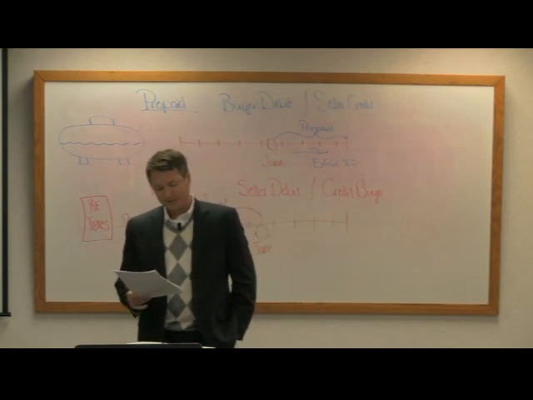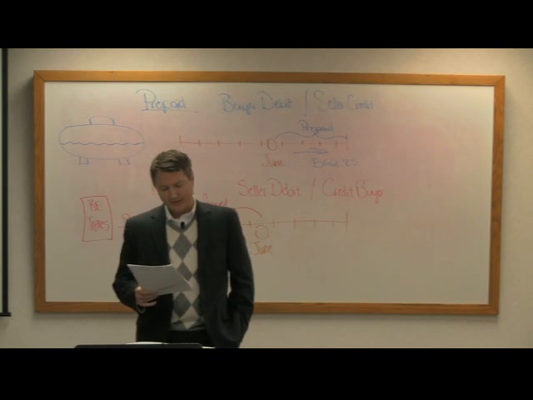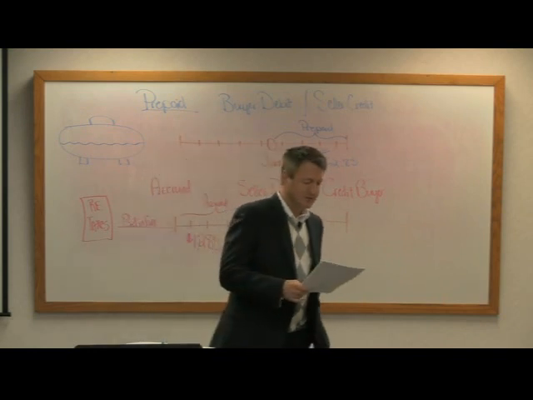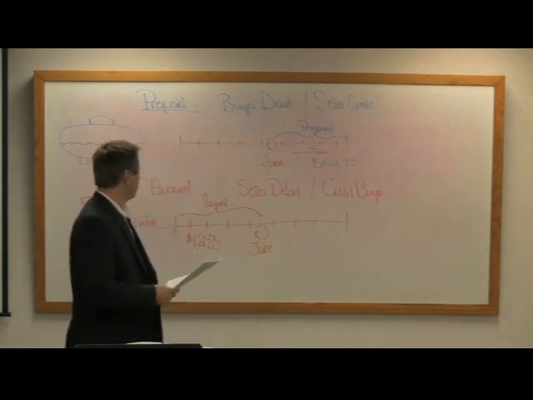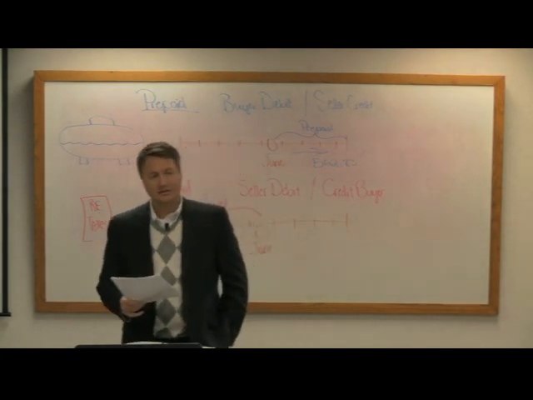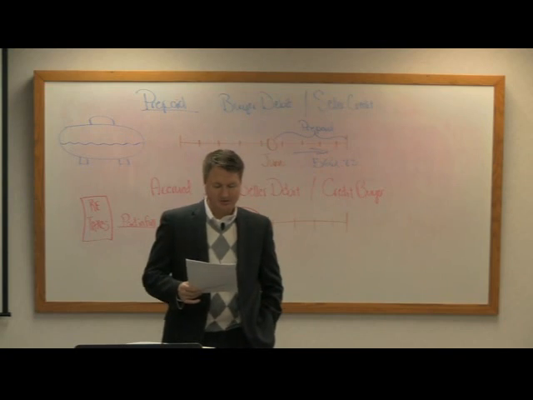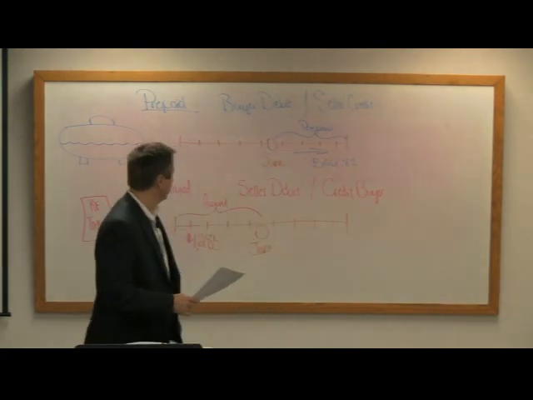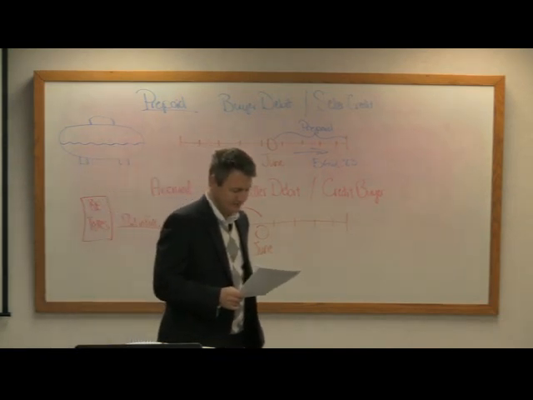Accrued items, things like real estate taxes that are paid in arrears. Accrued items are going to be a credit to the buyer, debit to the seller. Credit buyer, debit seller. So accrued items are debit seller, credit buyer.